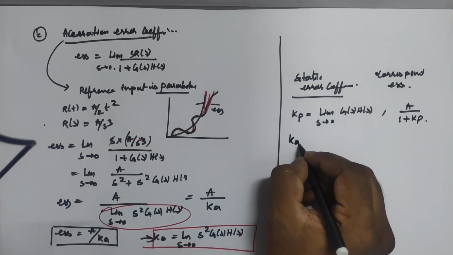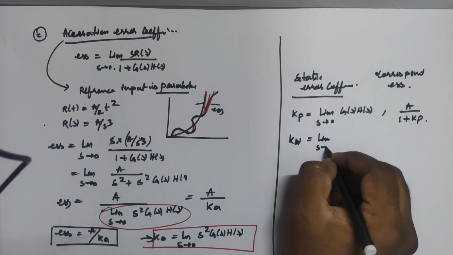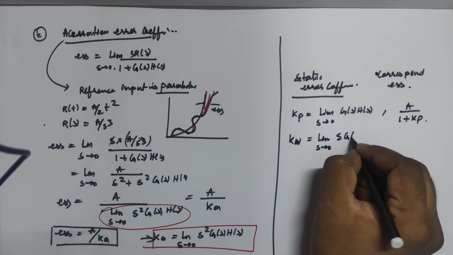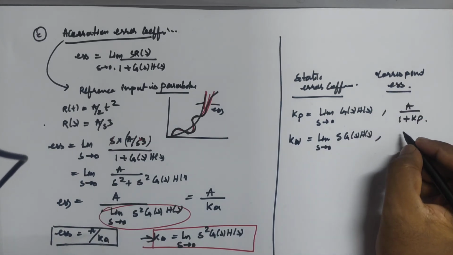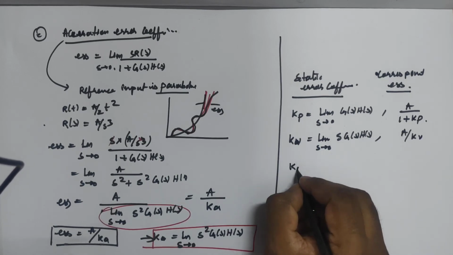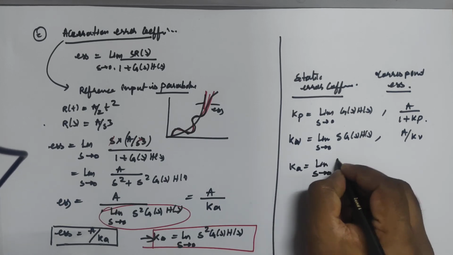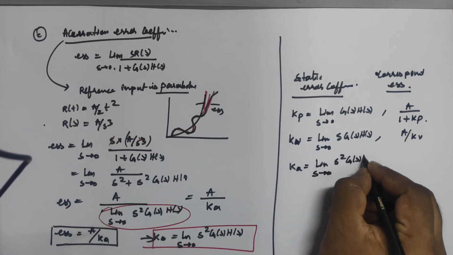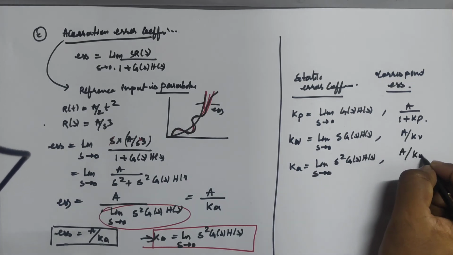For kv, the velocity error coefficient, the value is limit s tends to 0 of s into g of s h of s, and the steady state error is a by kv. The acceleration error coefficient ka is limit s tends to 0 of s square g of s h of s, and the steady state error I obtained is a by ka.